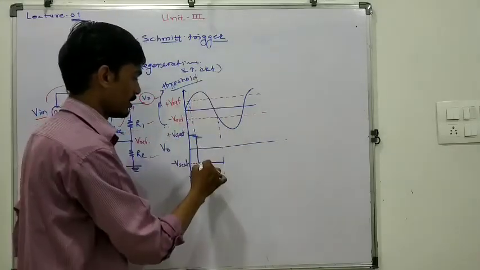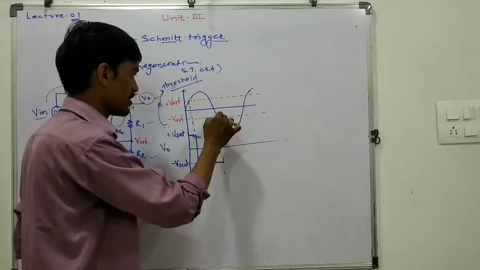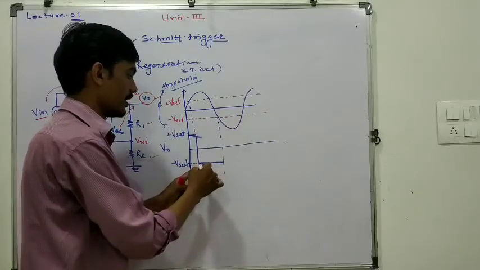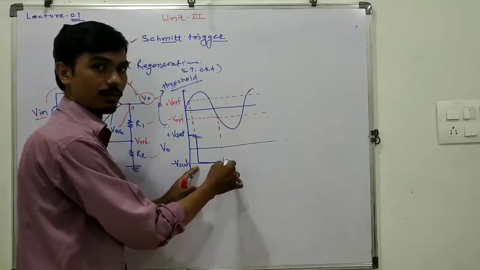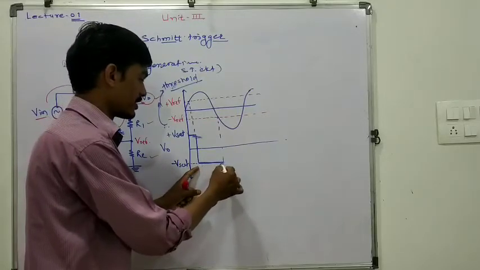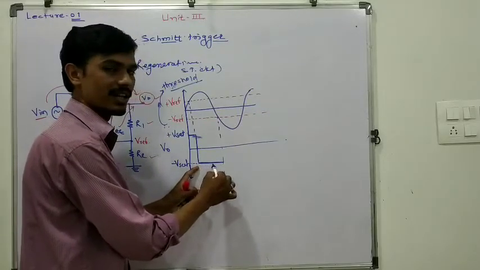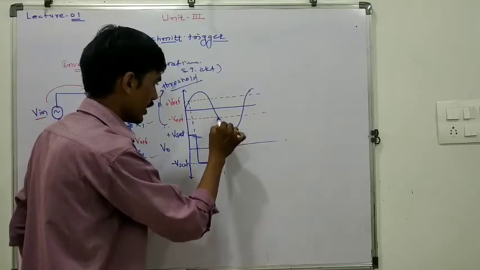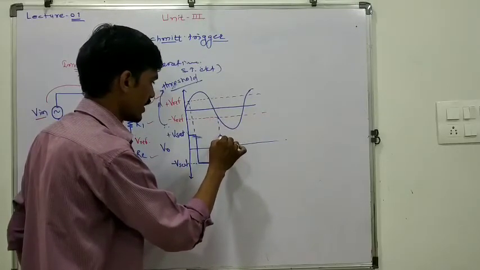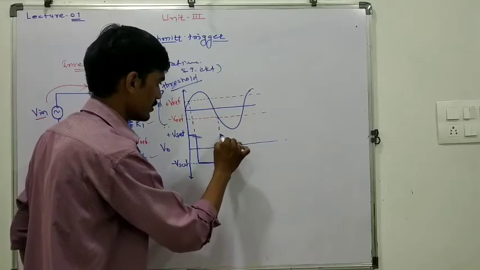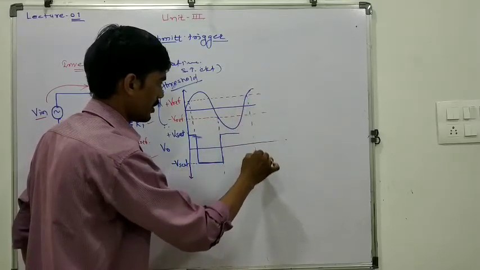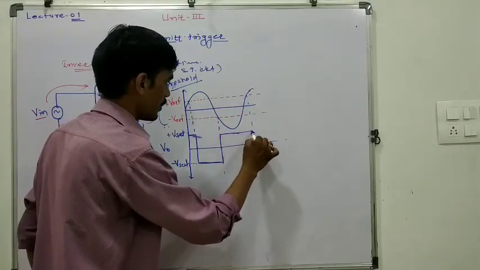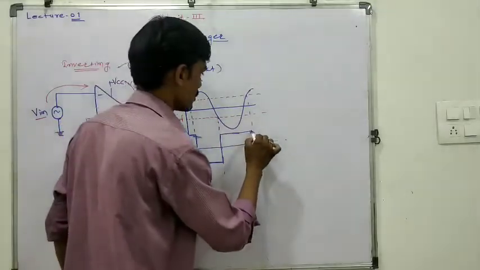Until it reaches the minus V reference, it doesn't change its output value. It will continue steady with the minus V side as the output voltage. Again at this point it crosses the minus V reference, so it changes state again and will continue up to the positive V reference.